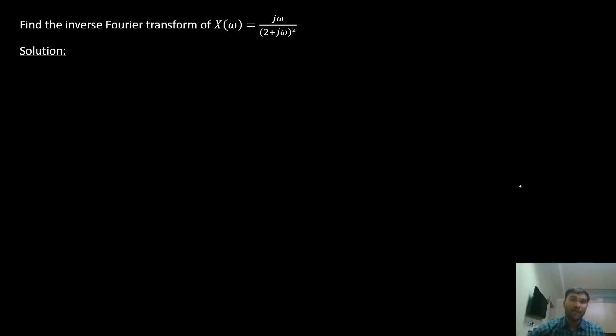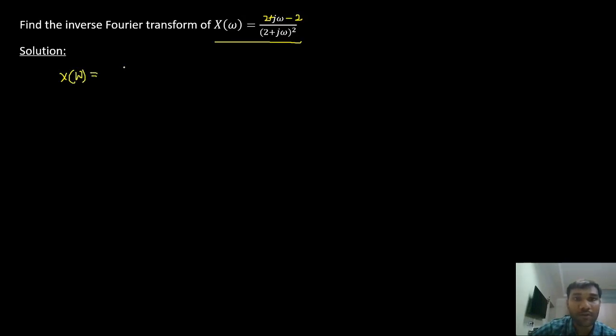Now I have to find the inverse Fourier transform of X of omega, which is in the form of (j omega plus 2 plus j omega) by (2 plus j omega) whole square. So let us see. If I add 2 and subtract 2 here, how can I write X of omega?